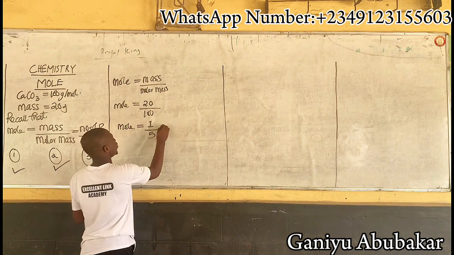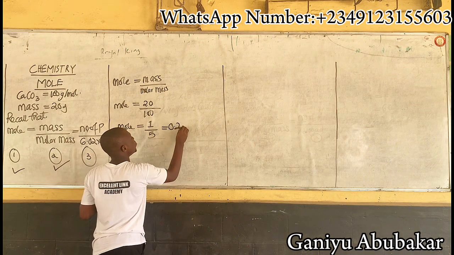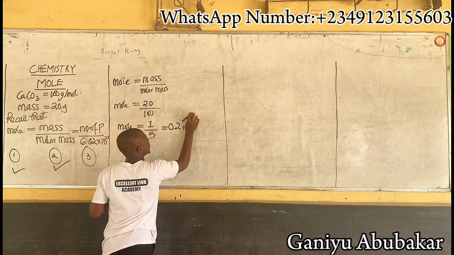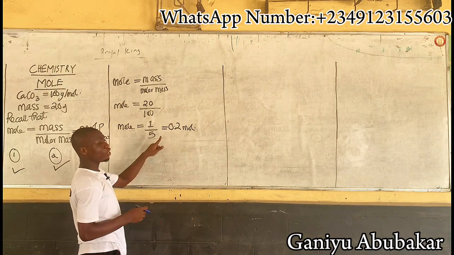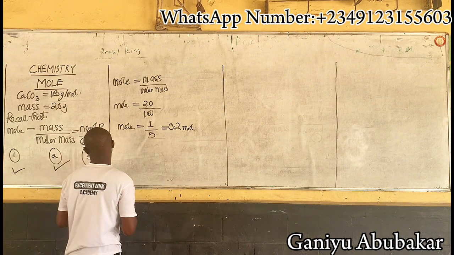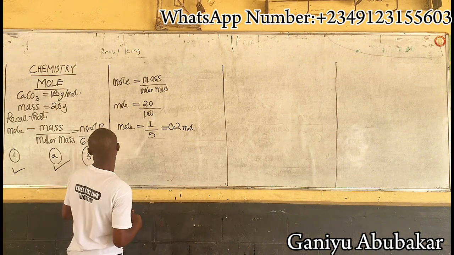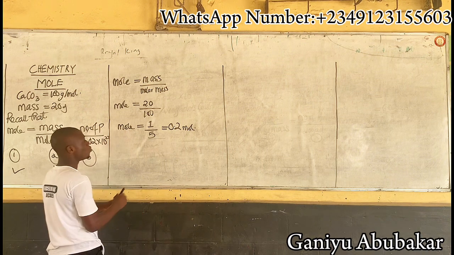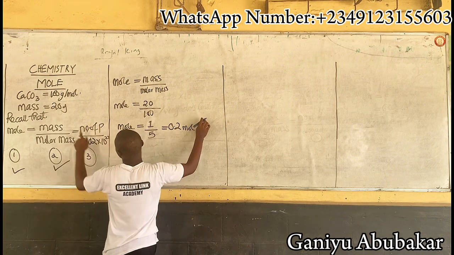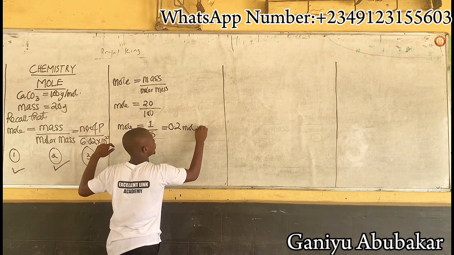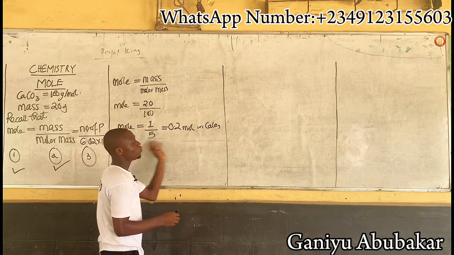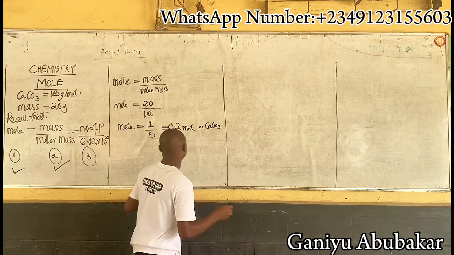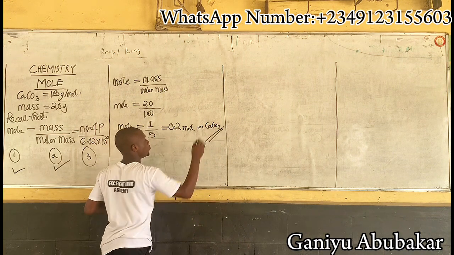So that is 0.2 moles. I've gotten the number of moles, 0.2 mole in CaCO3 limestone. So this is how you solve this particular problem.